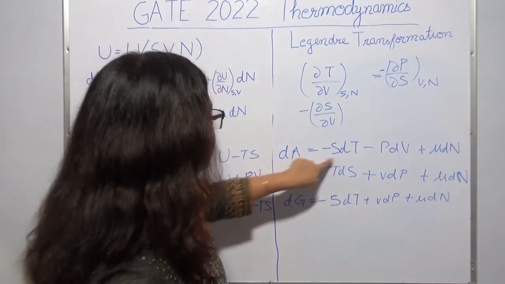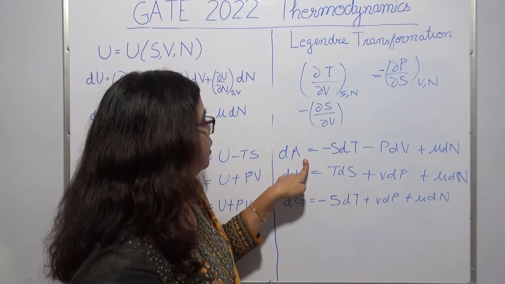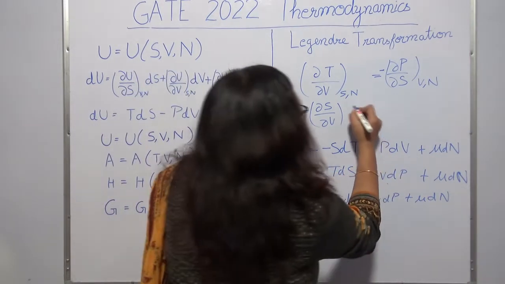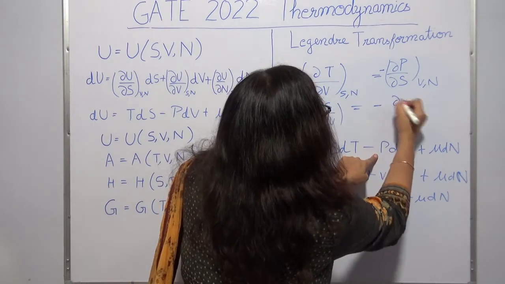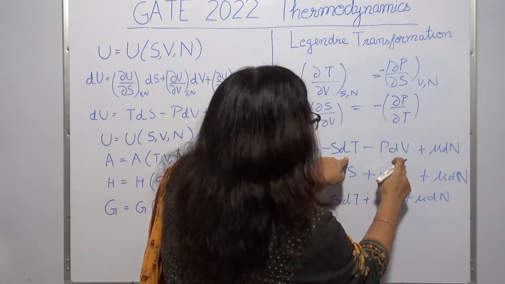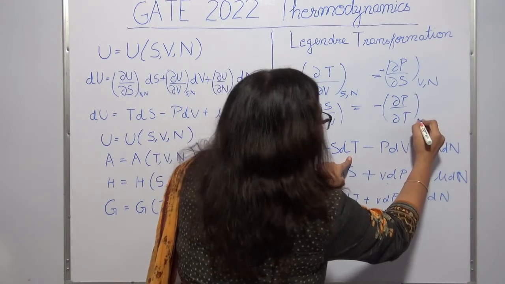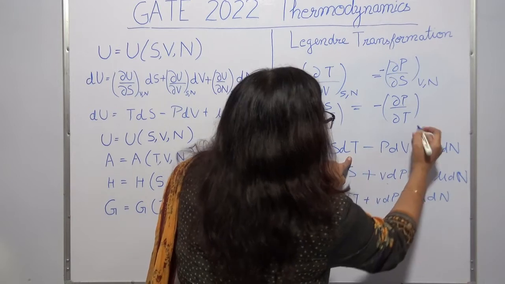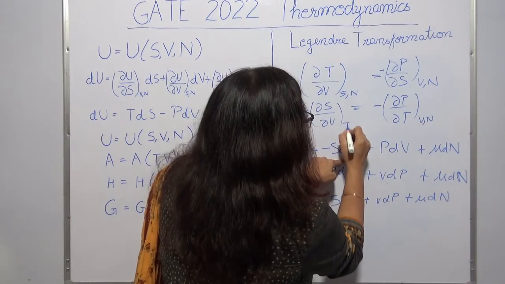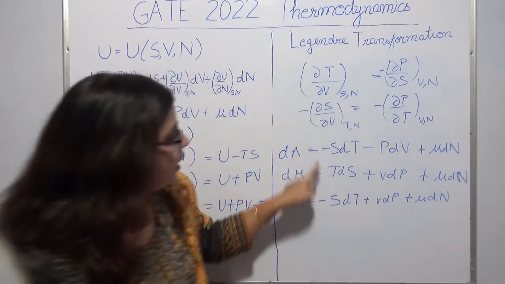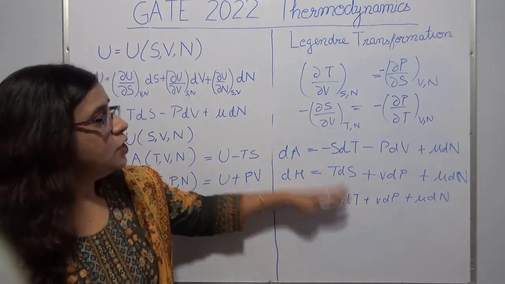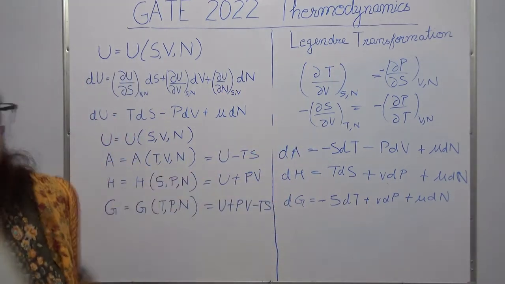Now we were deriving the Maxwell relation using A, so it is minus del S by del V, that is equal to, again, minus del P by del T. Of course, don't forget, when you are taking del P by del T, then you are keeping V and n constant. In this case, you are keeping T and n constant. So like that, you can write Maxwell relation using these two equations as well. So it's very easy. You can write these Maxwell relations.